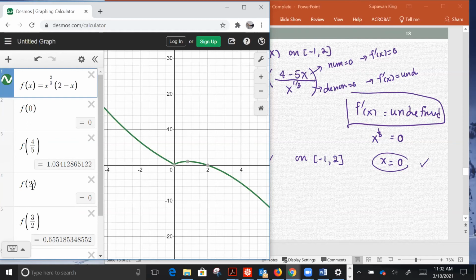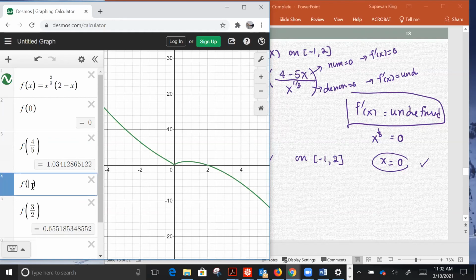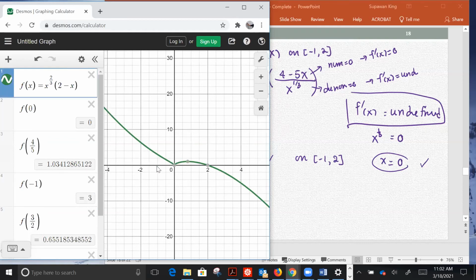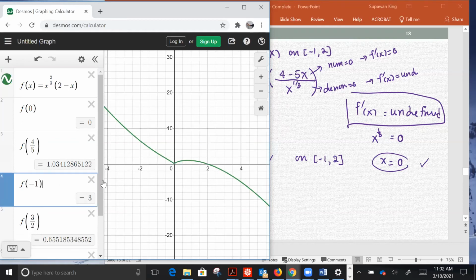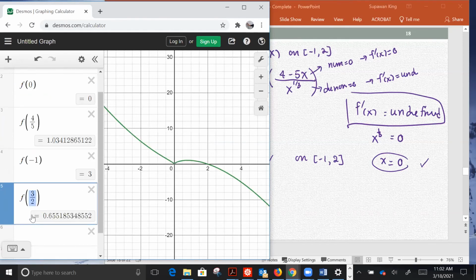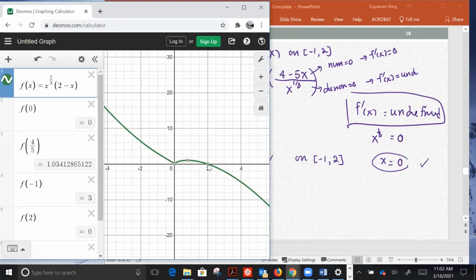And the left end is -1. So just put in here -1. At -1 the value is 3, right there. And the right end at 2, the value is 0, as we see on the graph, right there.